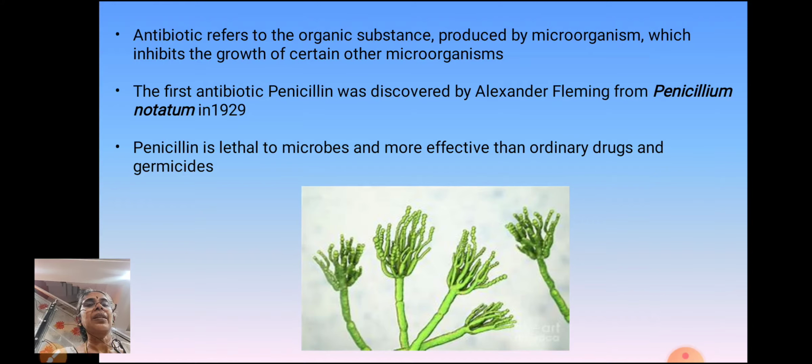This penicillin is lethal to microbes and more effective than ordinary drugs and germicides, and it plays an important role in killing gram positive bacteria. In this picture you can see the structure of Penicillium.